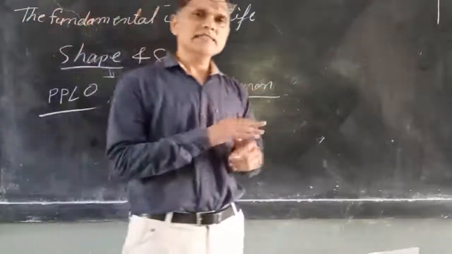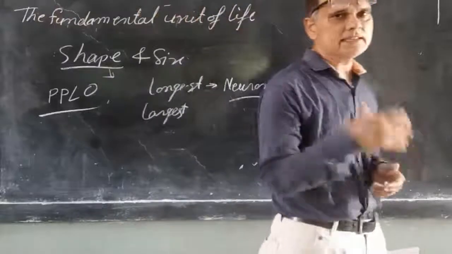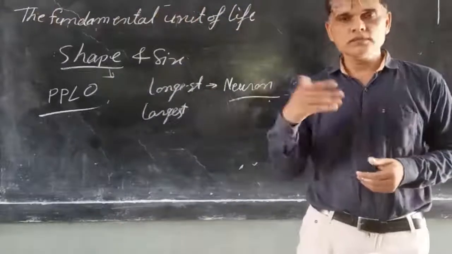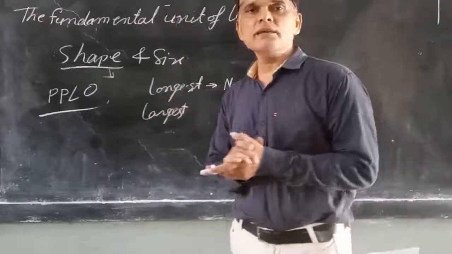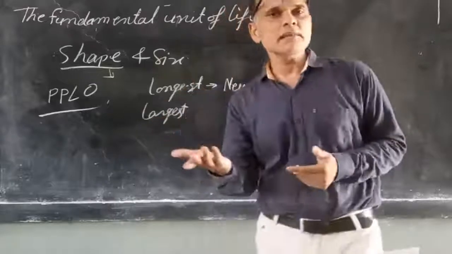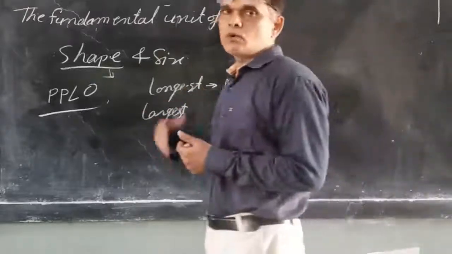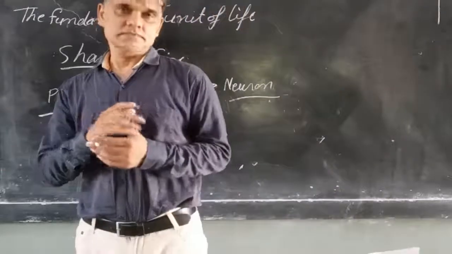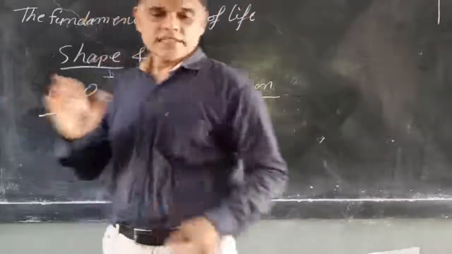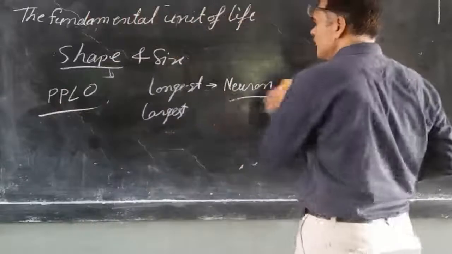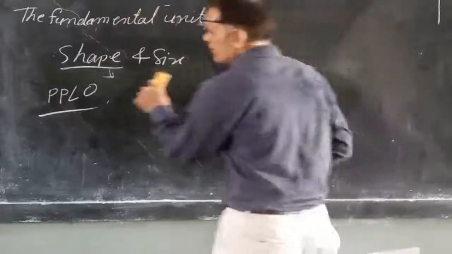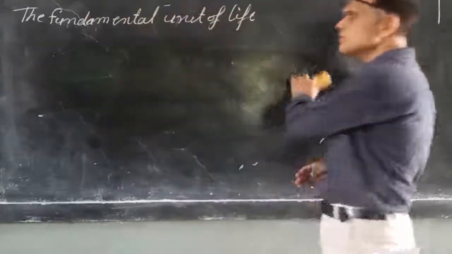So again, the shape and size vary from organism to organism. If we see in any plants, cells may be spherical, rectangular, polygonal, or of other shapes. So the cell shape and size vary from organism to organism.